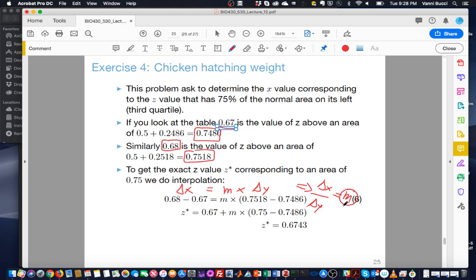Once I calculate m, I can bring it back here and use, for example, the data for 75% and for example 0.67 and 74.86 to calculate the value of z star. Z star is the value at which you have 75% covered in your standard normal distribution.